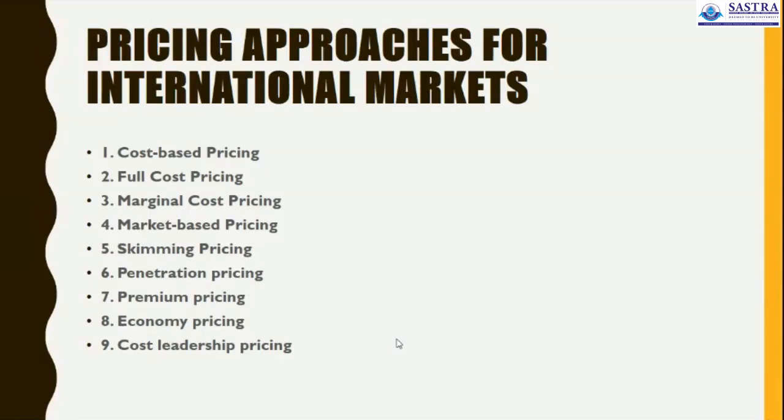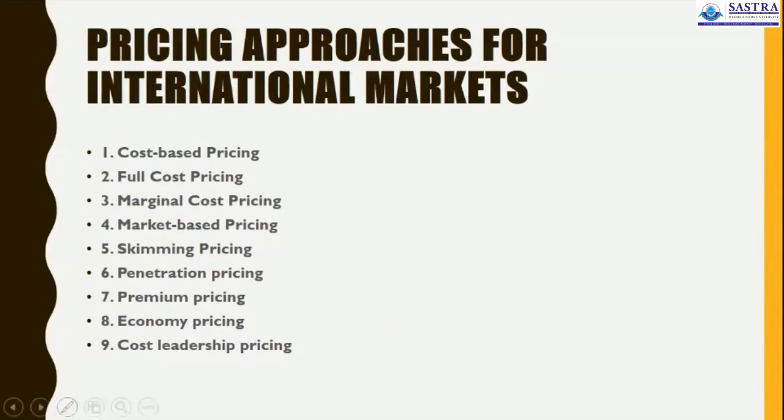So we can take the first one, the cost-based pricing. So what is cost-based pricing? The overall cost incurred for manufacturing of a product, along with the desirable profit margin, is included to arrive at the price of the product.